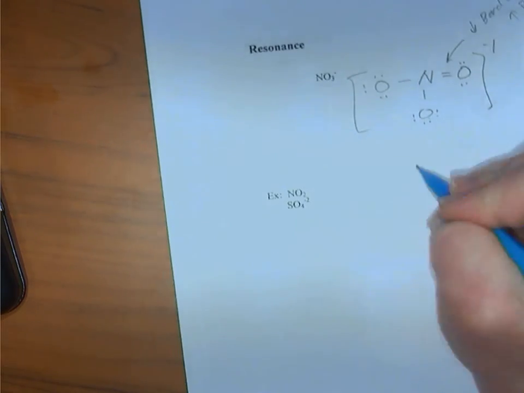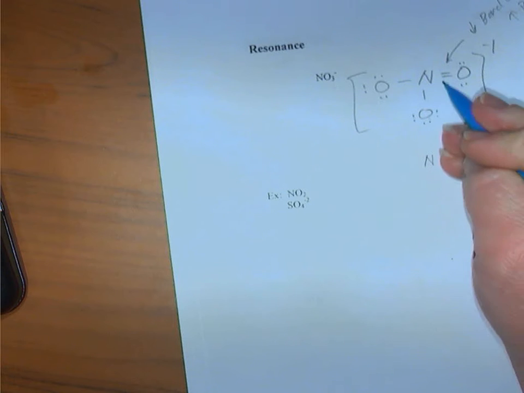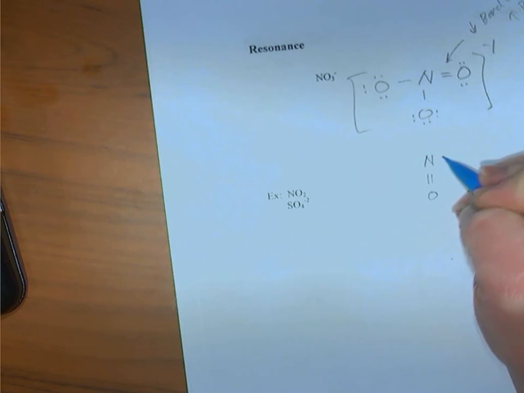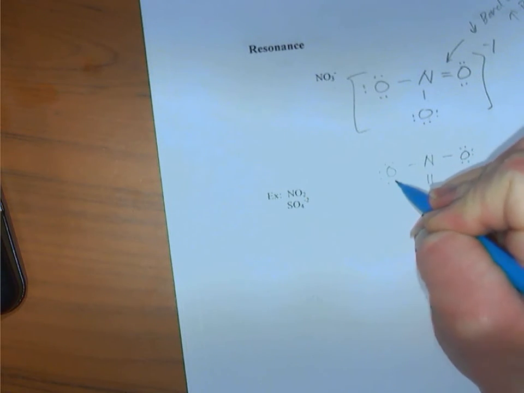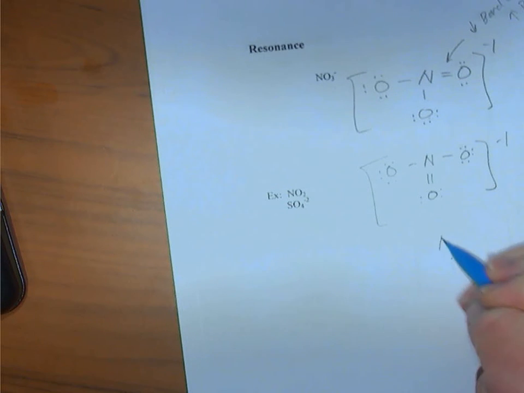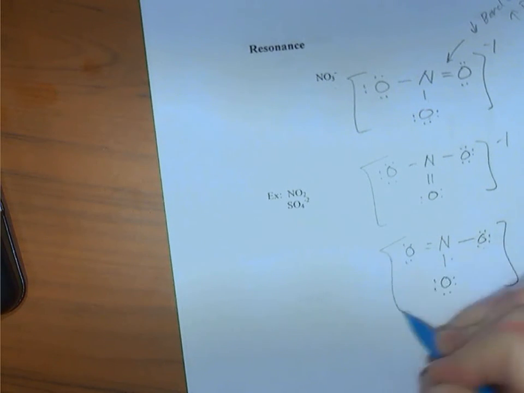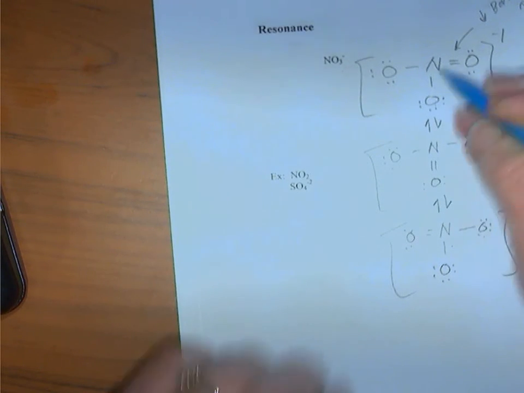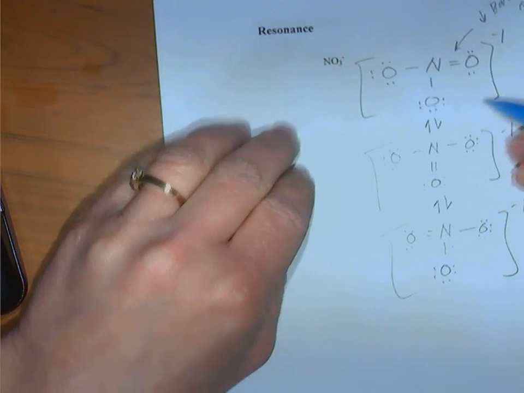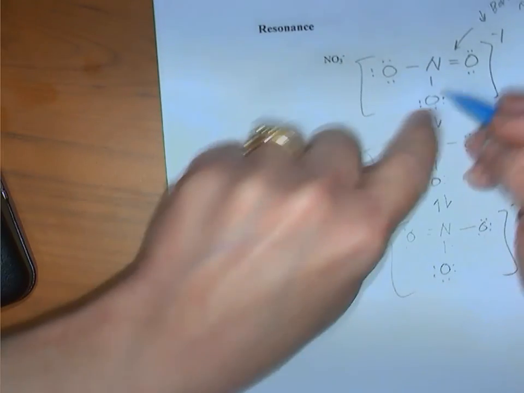It's as if the very next moment that we look at this molecule, if the first time the double bond is here, the very next moment it rotates to be there. And then the very next moment it rotates to be here. Such that there is an equal bond length throughout this whole entire molecule. So the way that we would show resonance is this bond is rotating, is taking turns amongst these three oxygen.